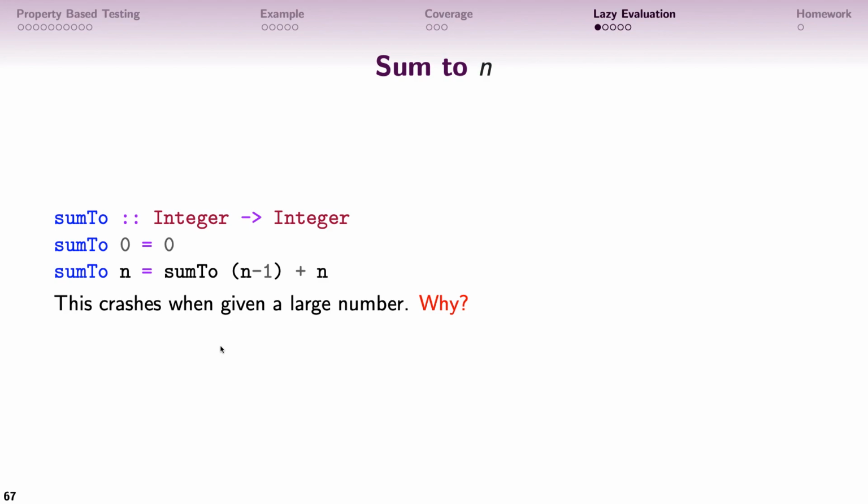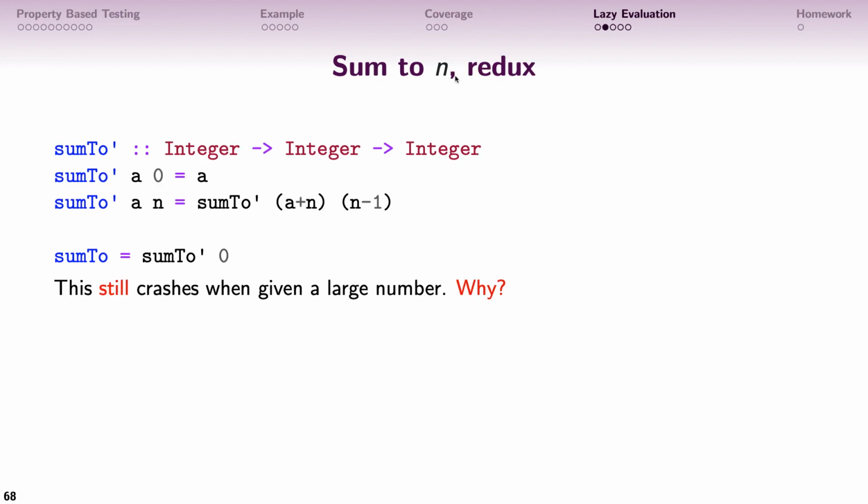Now, we can do something called tail call optimization, which is a fancy term, but all it says is, essentially, if we rewrite our program to look like this, instead of returning a result, we add on to our running total. So our running total is a, it's called an accumulator.